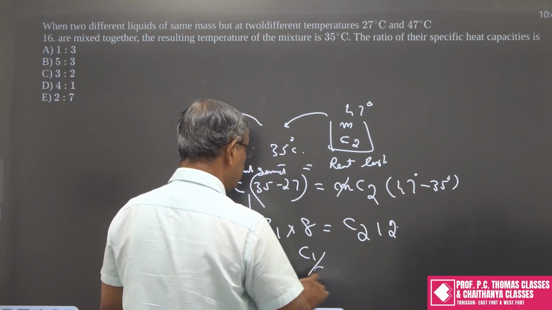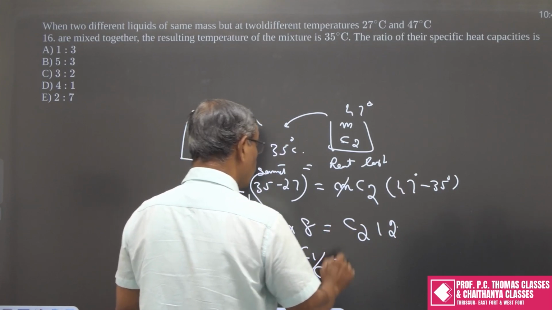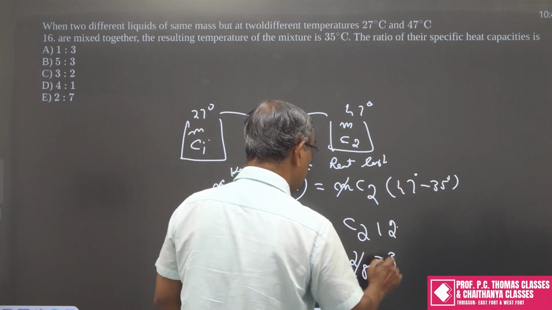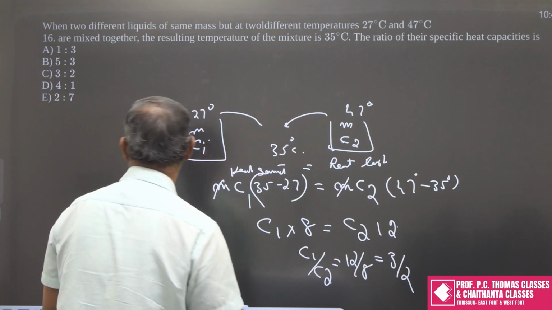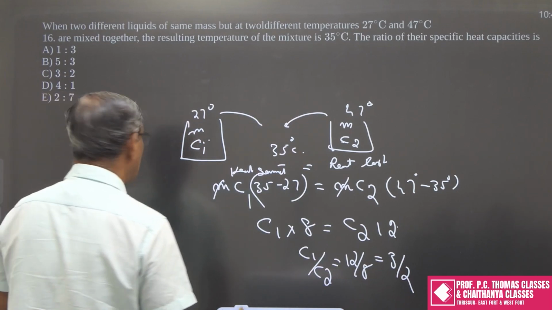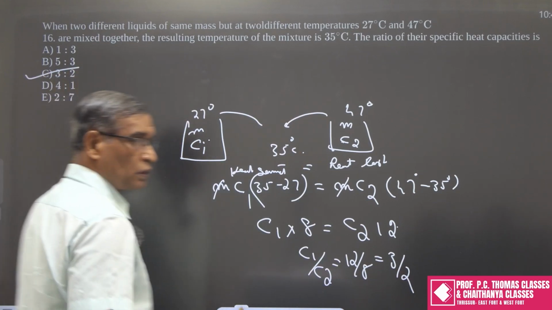So C1 by C2 is equal to 12 by 8, 3 by 2, 1.5. So the answer is 3 by 2.